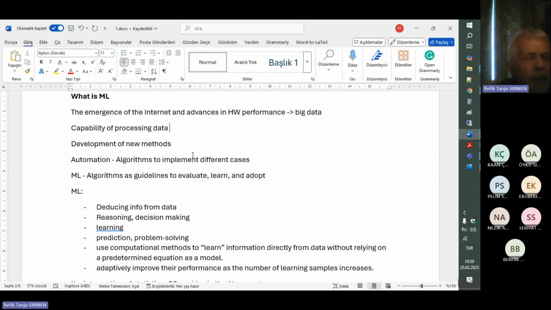Also the advances in hardware technologies are one of the other keys, because it is the only thing that gives us the opportunity to process such an amount of data. So with that, this field is increasingly getting popular, and every day a new tool or new method appears, right?